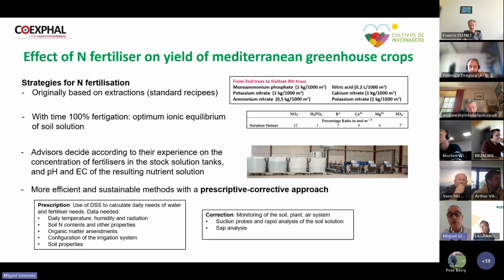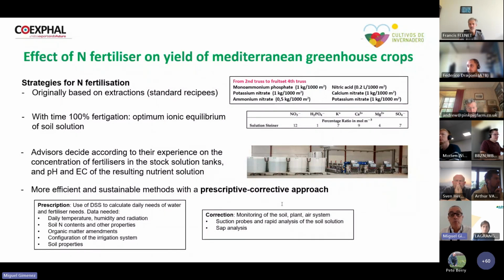So it's generally recommended that growers and advisors should use suction probes to extract the nutrient solution from the soil solution, right, from the root environment, and also conduct some sap analysis to know if there are any excesses of nutrients or deficiencies in the absorption of nutrients by the crops.